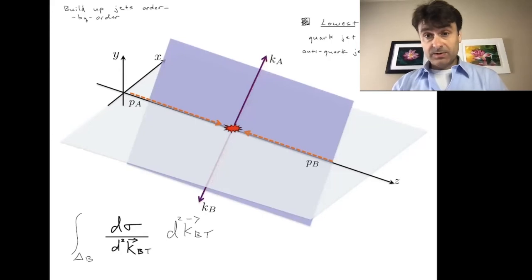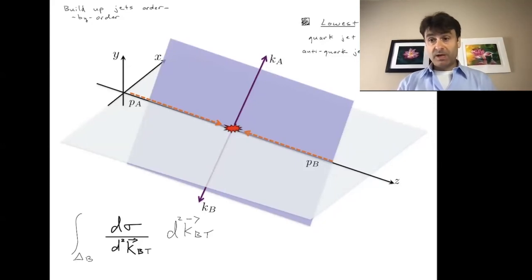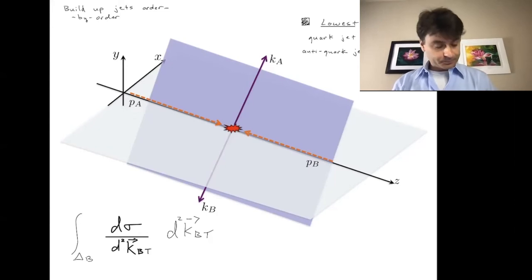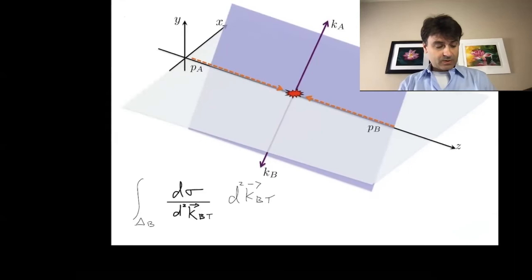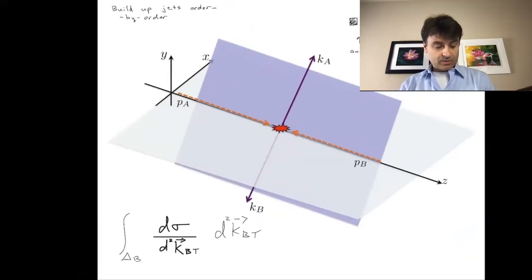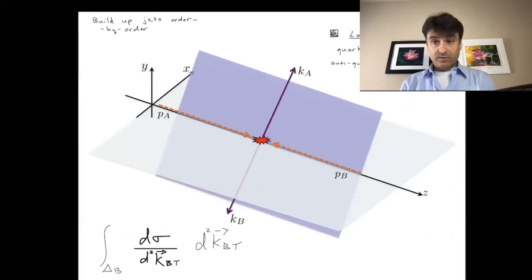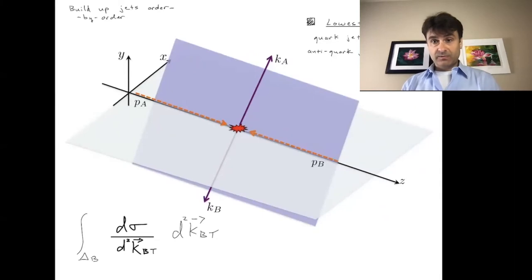They're trivially going to satisfy the jet condition because Ka squared and Kb squared are both mass squareds that are going to remain fixed as s gets large. And what we're saying is that we basically just need to integrate the differential cross-section differential in KBT, by the way, after we take into account all of the conservation, the energy conservation and the momentum conservation.